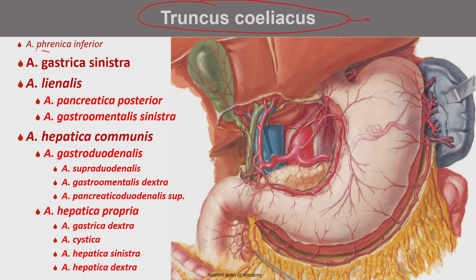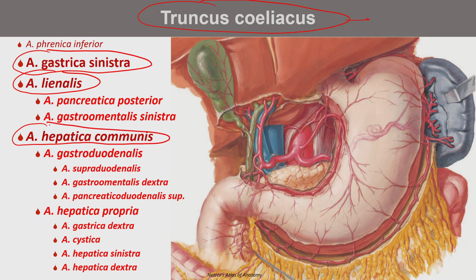Truncus celiacus has, and you have to name those arteries correctly, gastric, left gastric artery, lienal or splenic artery, and hepatic common artery. Those 3 are branches which are trifurcation of a truncus celiacus.